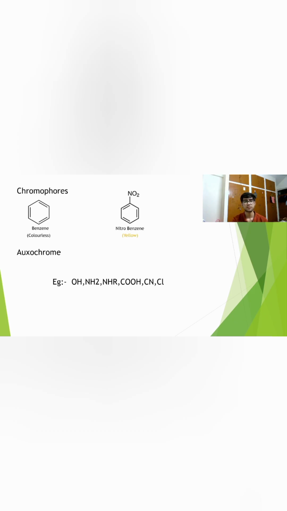So here come shifts. Any particular functional group absorbs a particular wavelength in the UV visible region, even if they are present in different compounds, until their structural environment and solvent are the same.